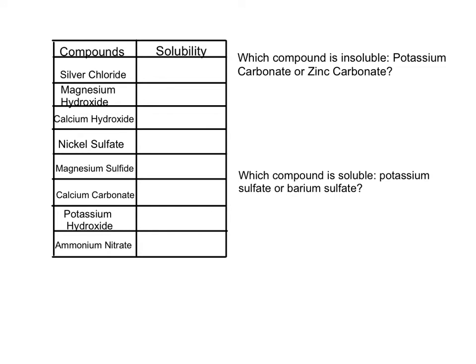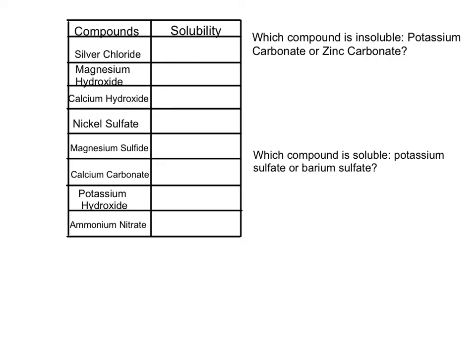So all that comes down to is, how can we tell whether silver chloride is soluble or not? How can we tell whether magnesium hydroxide is soluble or not? What we're going to do is look at table F and decide, following the solubility guidelines, if these are indeed soluble or not.